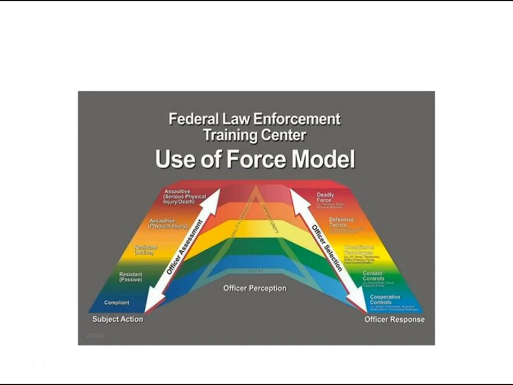If it goes up to active resistance, where the person is trying to push the officer away or show some type of irritation, then the officer responds with either their OC spray, hand-to-hand moves, or their taser. Now from there it goes up to assaultive, which can result in physical injury.